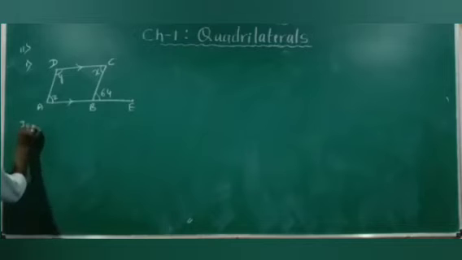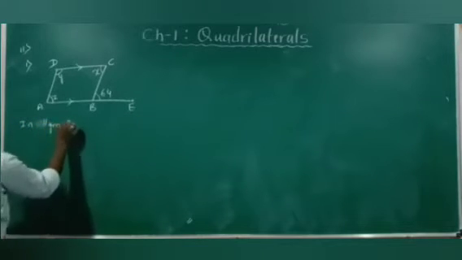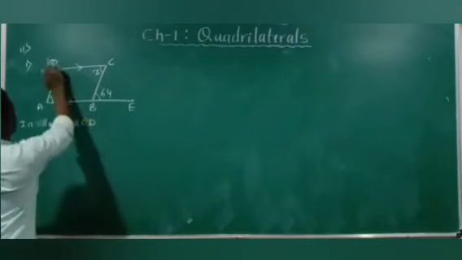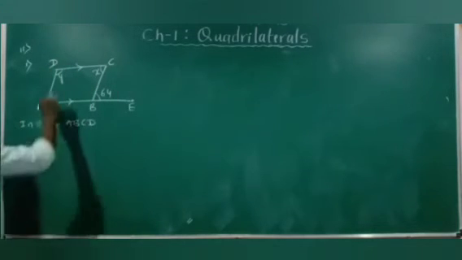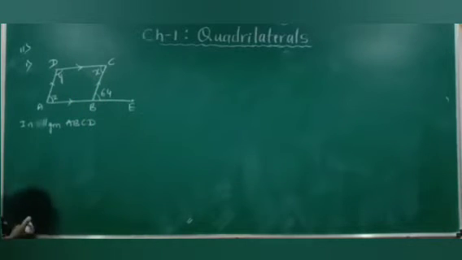In parallelogram ABCD, the two pairs of opposite sides are equal and parallel.